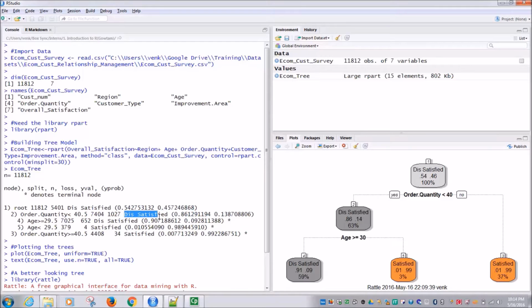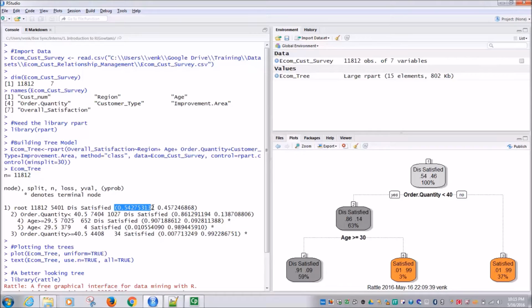Now the second node is also decided as dissatisfied. Why? Out of 7400, loss is only 1027, so almost 86% are dissatisfied, 13% are satisfied. You can see this here. Y probability is in the bracket, so Y takes two values, dissatisfied and satisfied. So this is the dissatisfied percentage, this is the satisfied percentage.